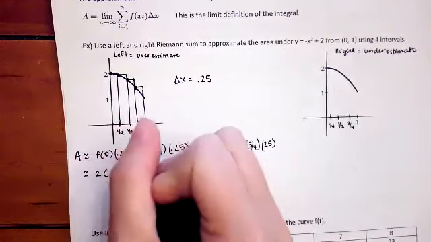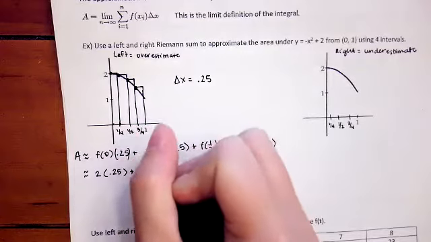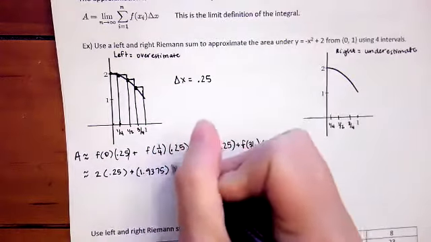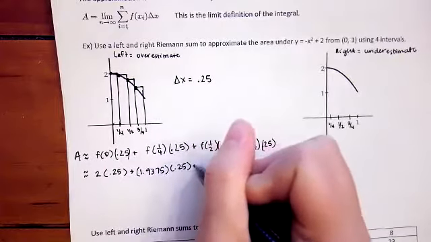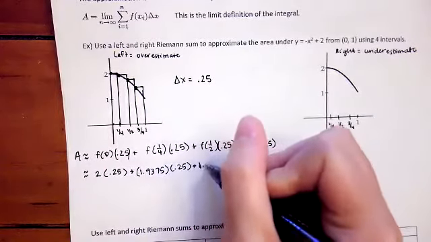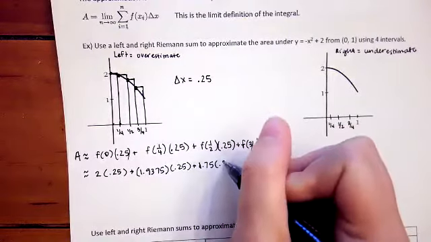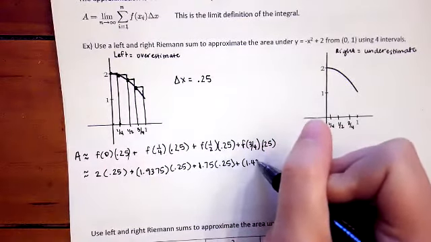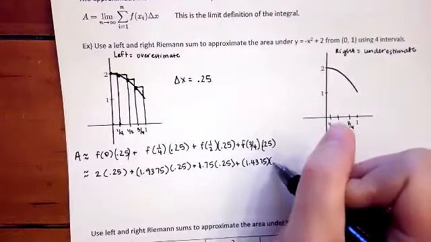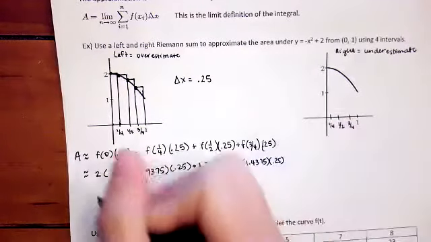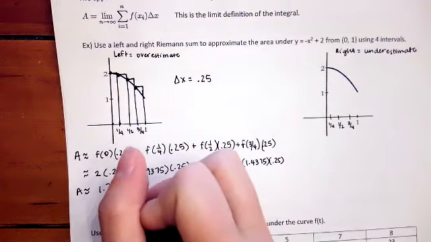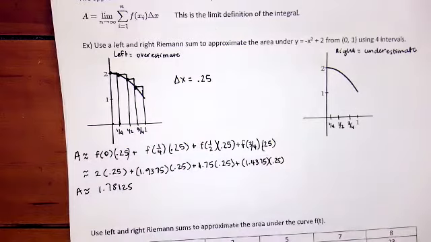You can get 2 times 0.25, 1.9375 times 0.25, 1.75 times 0.25, and 1.4375 times 0.25 for an area that is approximately 1.78125. Okay, and again, we know that's an overestimate.